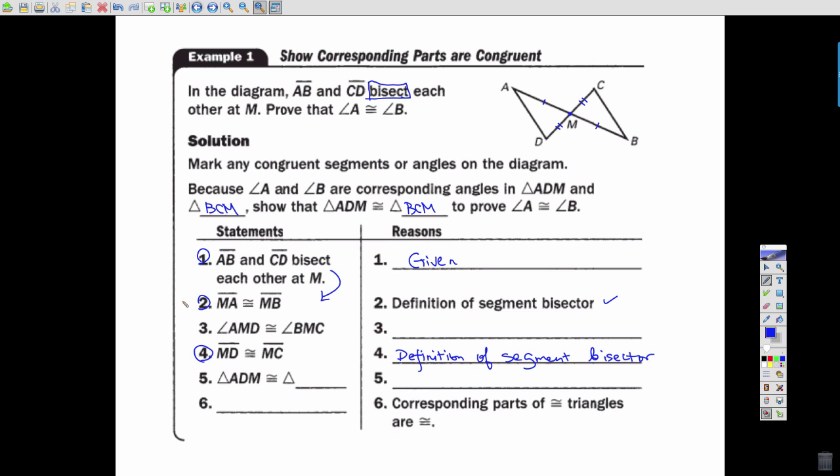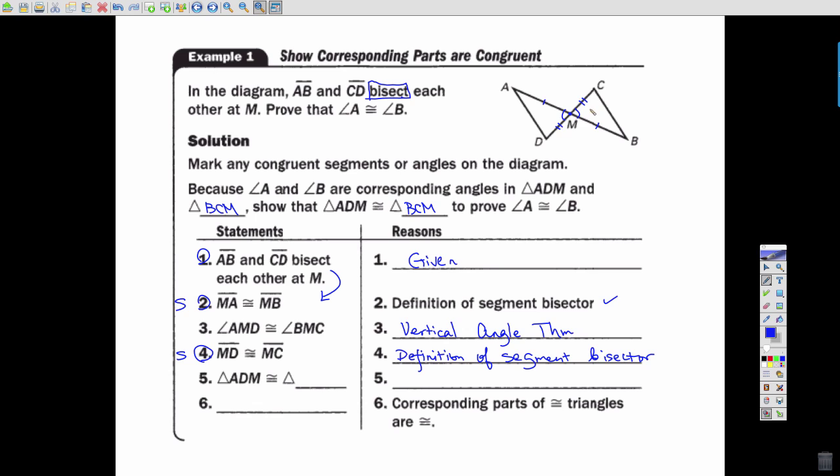And now notice that I have one side, I have a second side. And then I also know that angle AMD and angle BMC are congruent because they're vertical angles. That's by the vertical angle theorem.